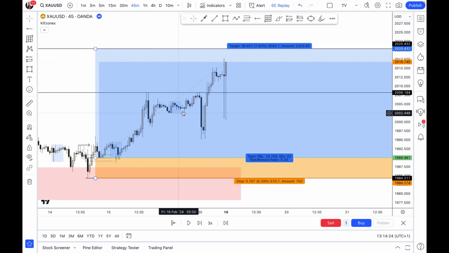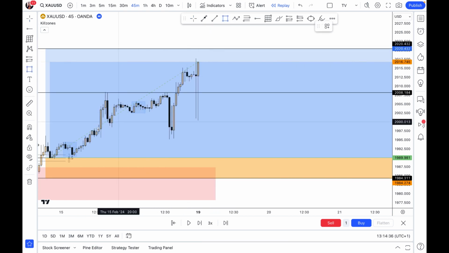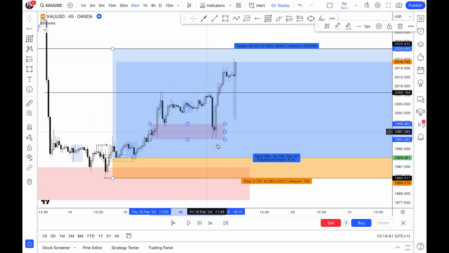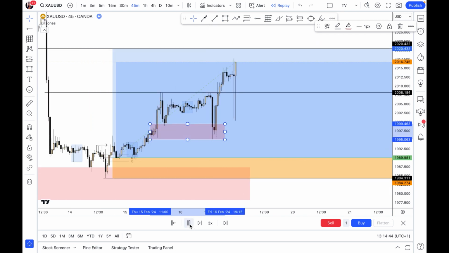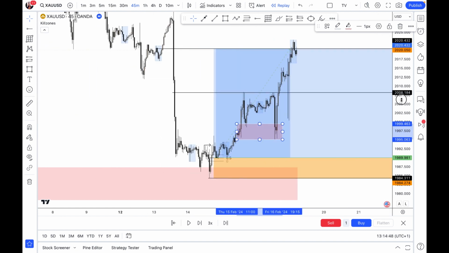And this is another day, because as you can see, this box right here is the Asian range box, and so this is another day for the London session. Market came back and reacted off this level of demand right here to continue the buy trade, and take profit was finally hit right there.